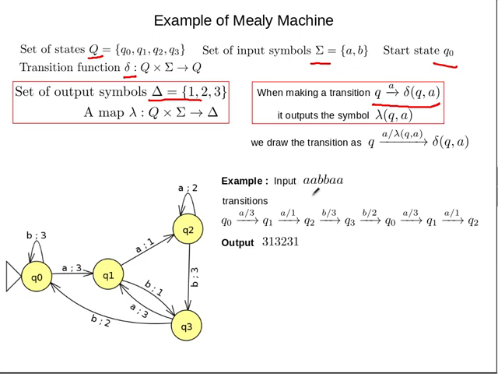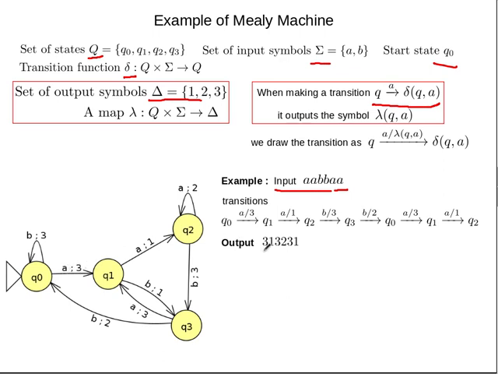Again, consider this input. As before, you are making these transitions from Q0 to Q1 to Q2, Q3, Q0, Q1, Q2, like before. But now the outputs are determined by the transitions. So what is this transition? You are processing A, and while processing this A, you are emitting this 3.